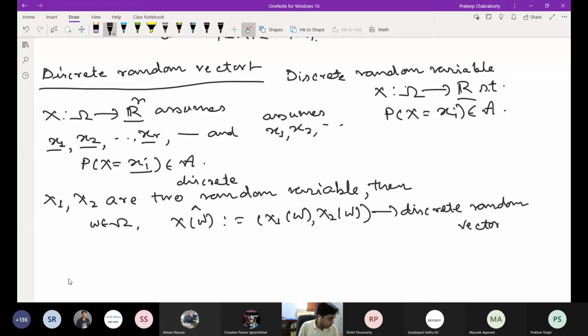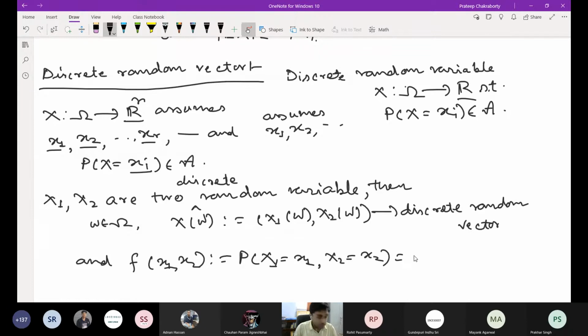And we define the joint density function f of (x1, x2) by definition as P(X1 = x1 and X2 = x2), which is called the joint density function.